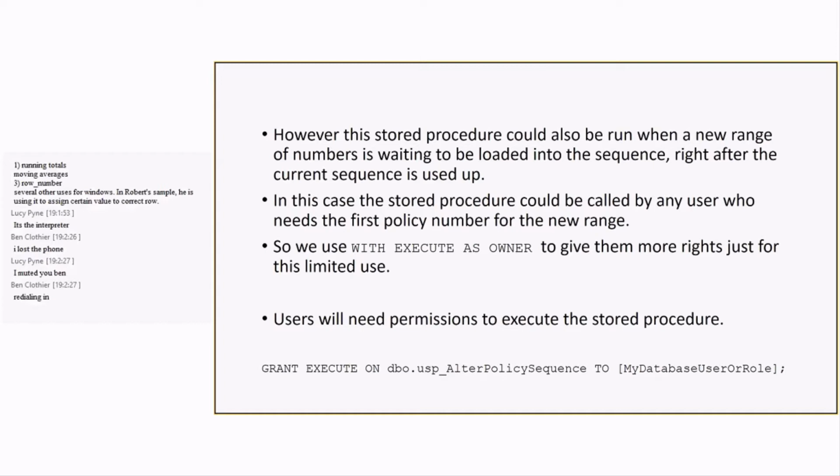Now, users will need permissions to execute the stored procedure. And you can do that by saying grant execute on the name of your stored procedure to whatever user or role you want. And again, this could also be done through SSMS through the interface.